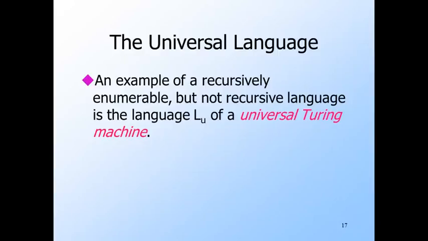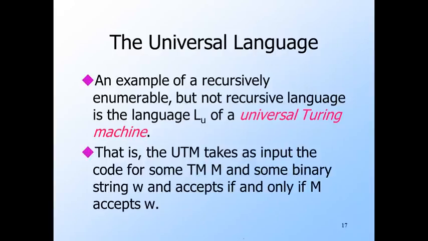This is the language we call L sub U, the Universal Turing Machine language. In more detail, the Universal Turing Machine takes as input a binary string consisting of the code for some Turing machine M and some input W for M. The Universal Turing Machine accepts the coded M and W if and only if M accepts W. The idea of the Universal Turing Machine should not seem strange if you've ever contemplated a Java virtual machine.